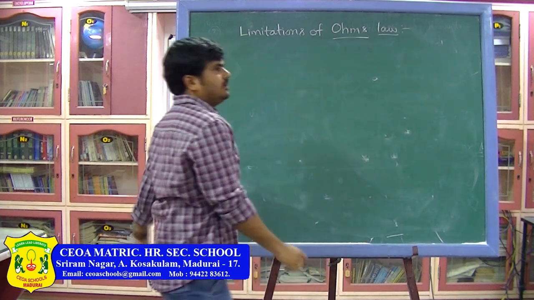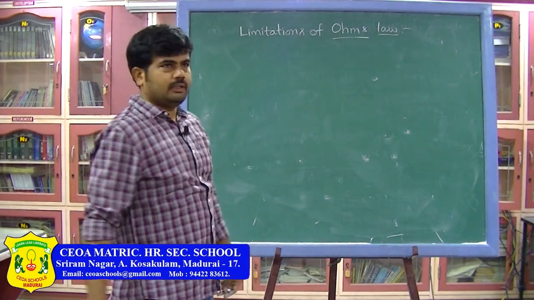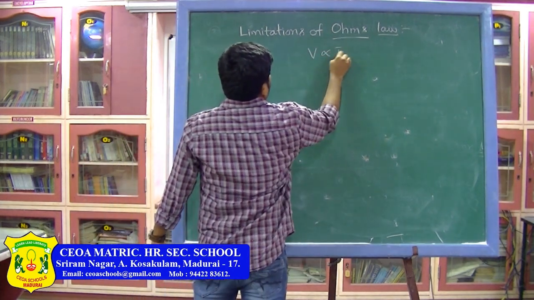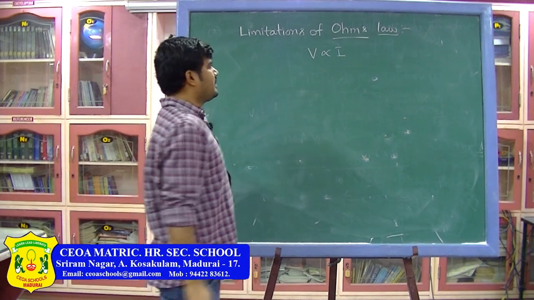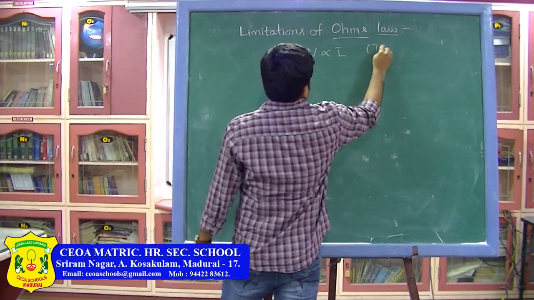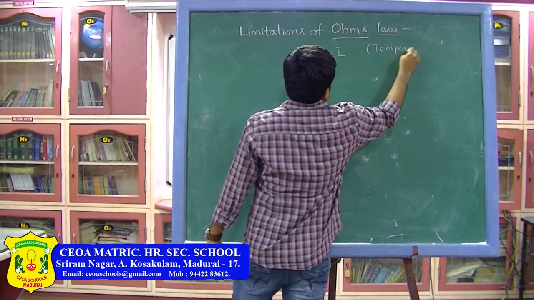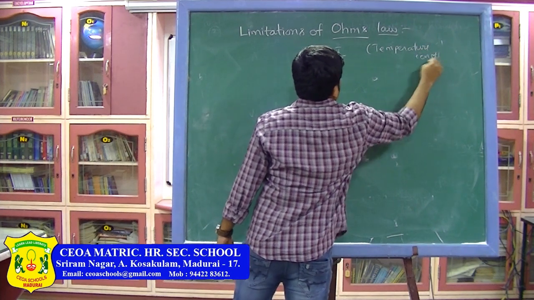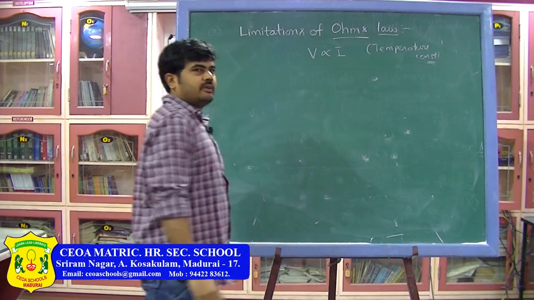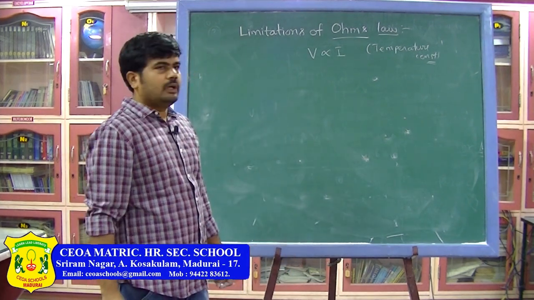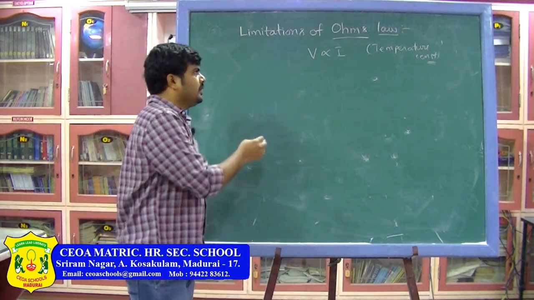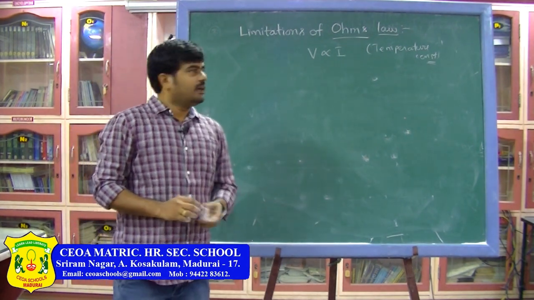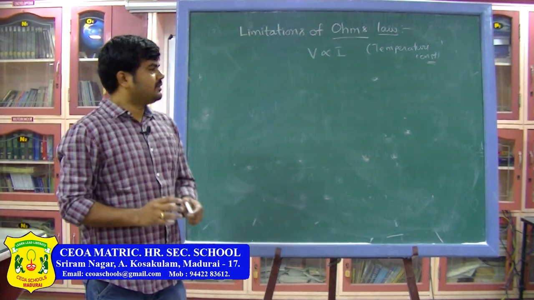So we know that according to Ohm's law, the potential difference V is directly proportional to the current I at constant temperature. That is the Ohm's law statement that we discussed in yesterday's class: V is proportional to I. Now, Ohm's law is not a universal law, and it is obeyed by only some materials.